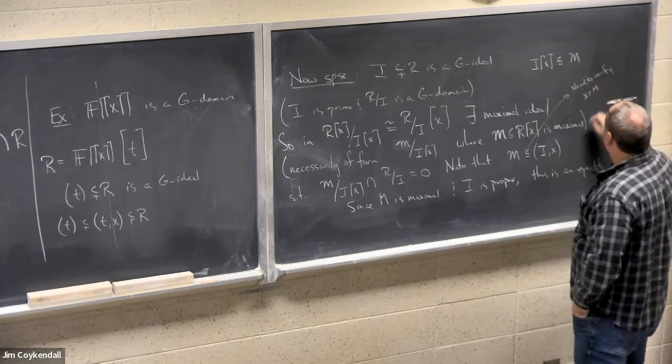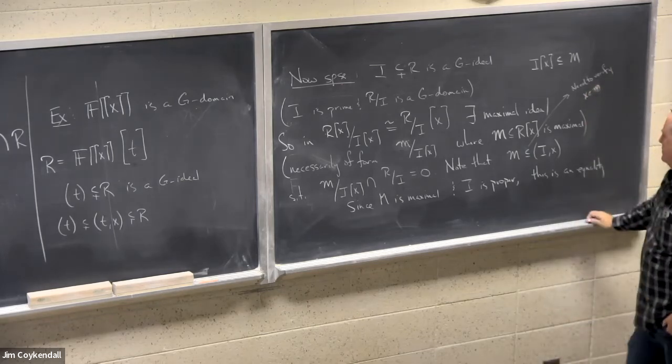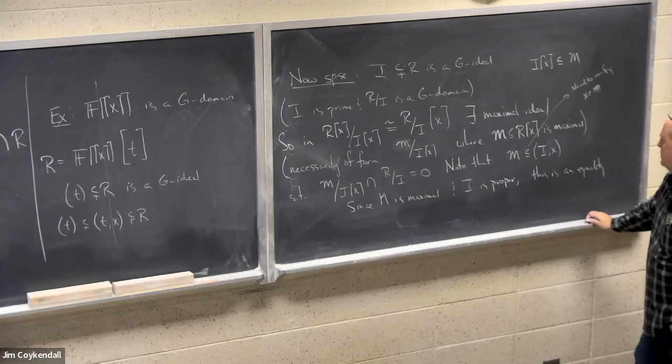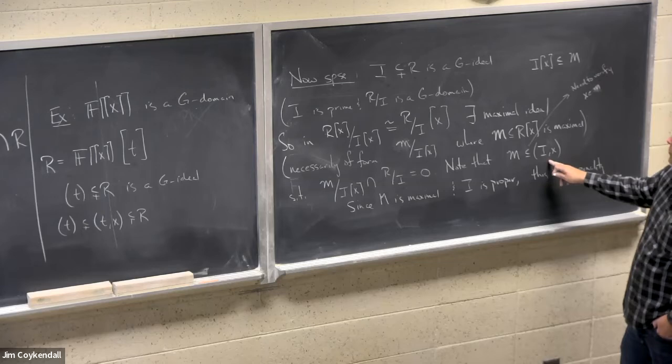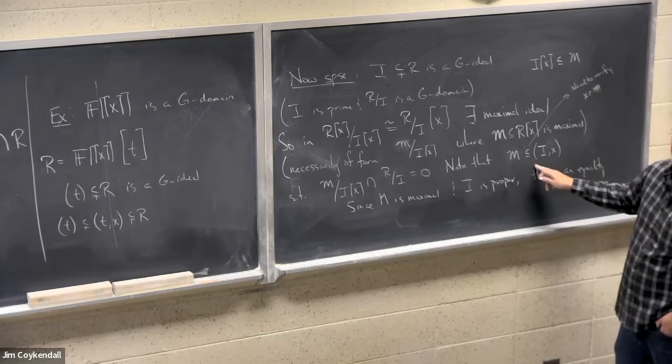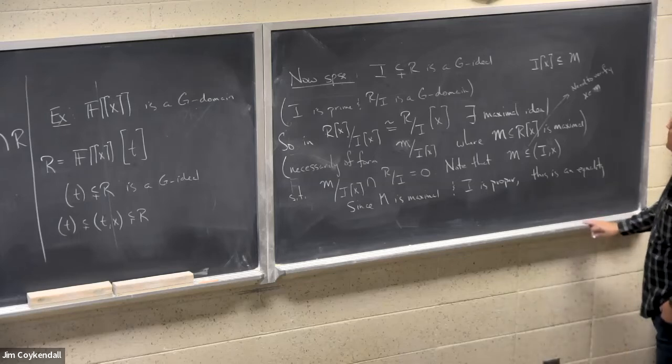X is in M. So that containment should be flipped. IX is contained in M, not M is contained in I. Well, so to get this containment, all we really need is to show that X is in M. Right? To show the other. Well, okay, so let's see.